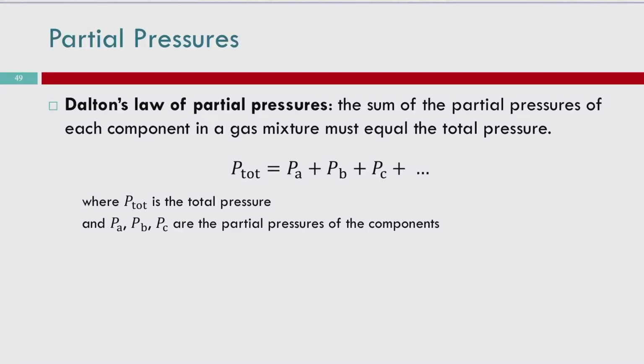So Dalton's law of partial pressures says that the sum of the partial pressures equals the total pressure for however many components you have. So the total pressure is equal to the pressure of component A plus the pressure of component B plus the pressure of component C plus however many terms you want to add onto there.